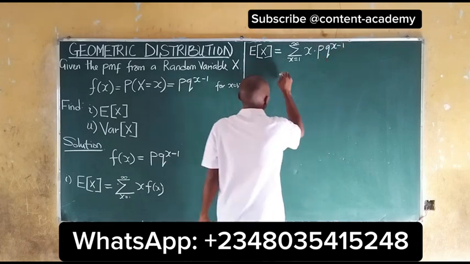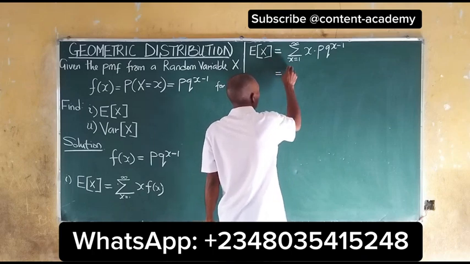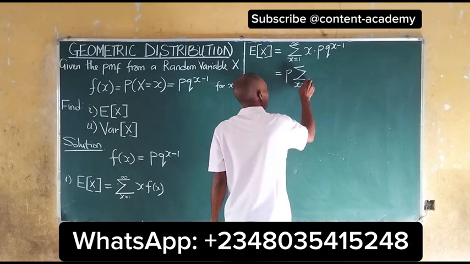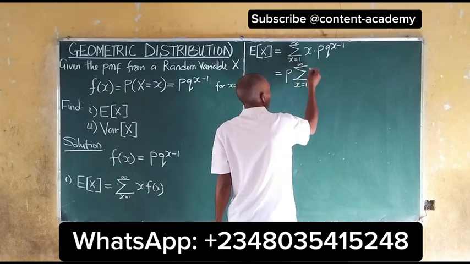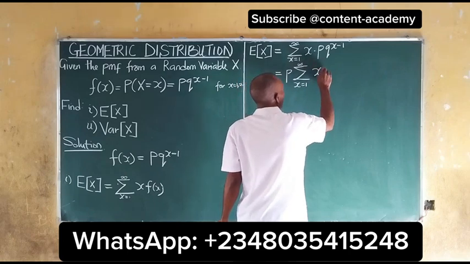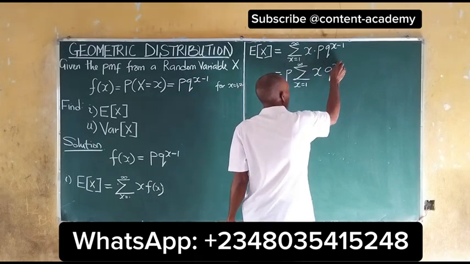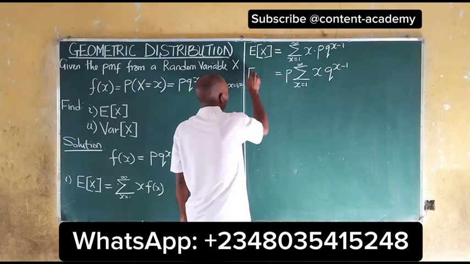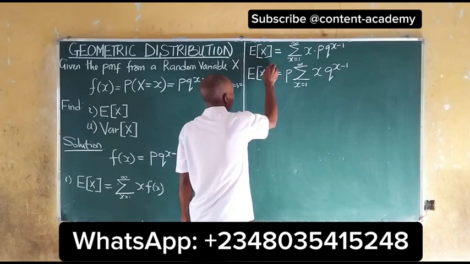Of course, p here is a constant, so we'll bring it out. We'll have p times the summation from x equals 1 to infinity of x multiplied by q^(x-1).